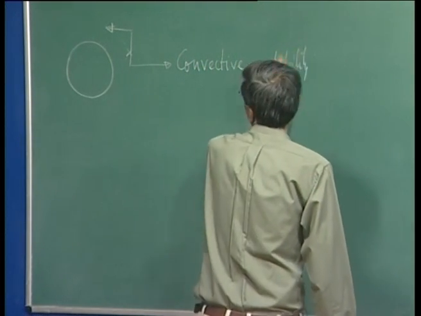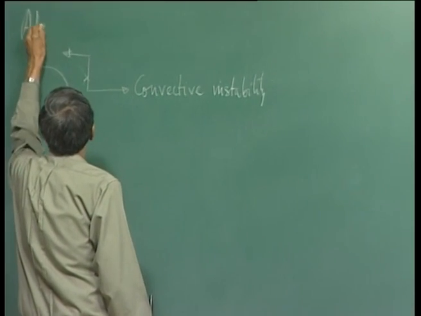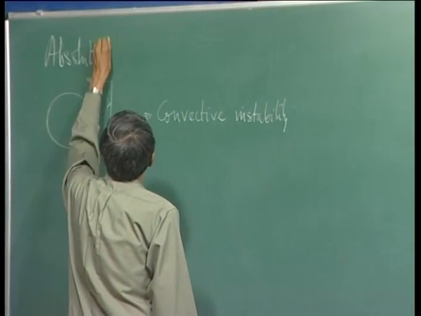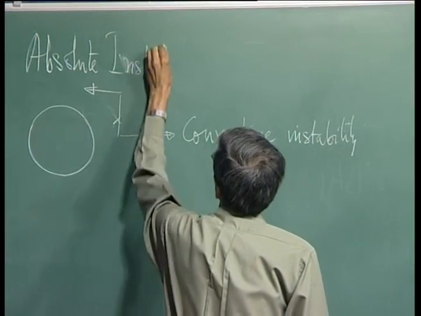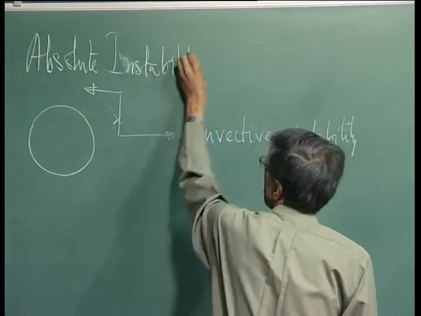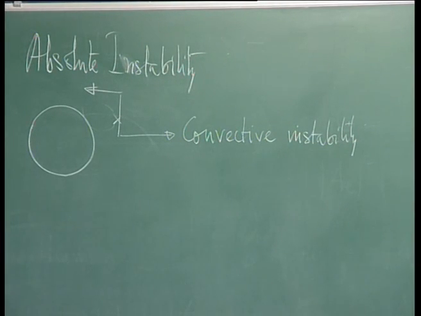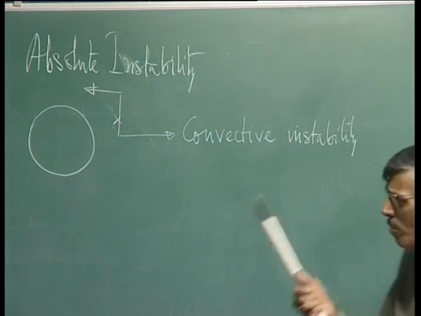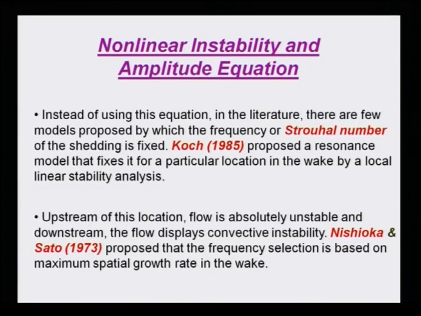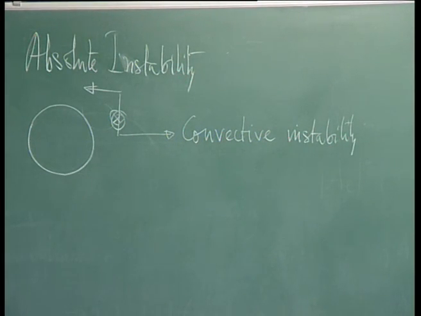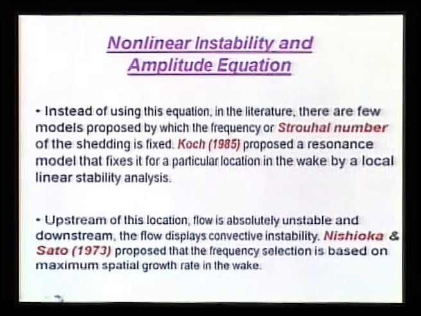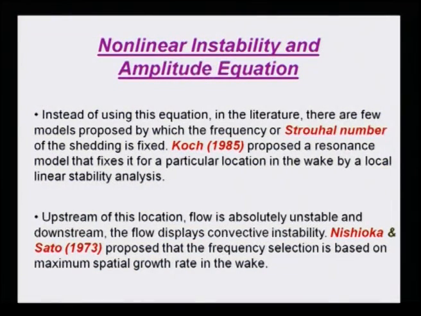So, in a sense, that sort of explains what you see. And what Koch was proposing in his work is that at this location you are getting the thing started because of some resonance mechanism. That is a resonance model. So I suppose this is what people have looked at.